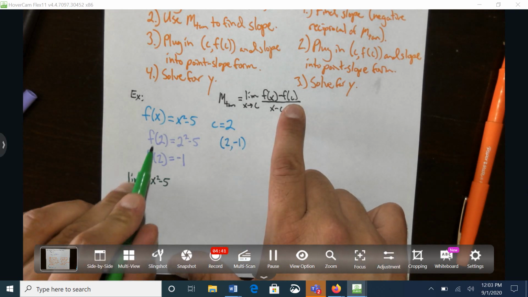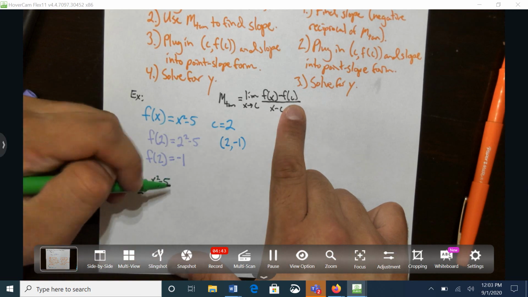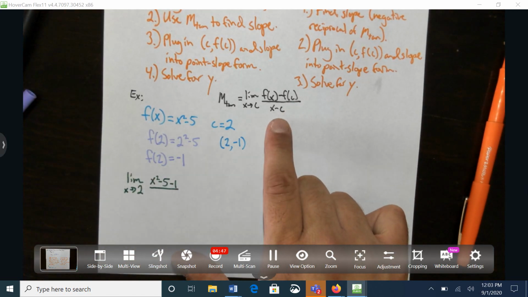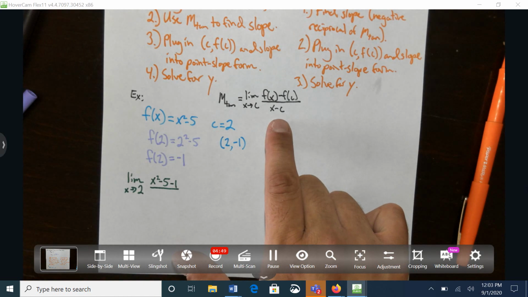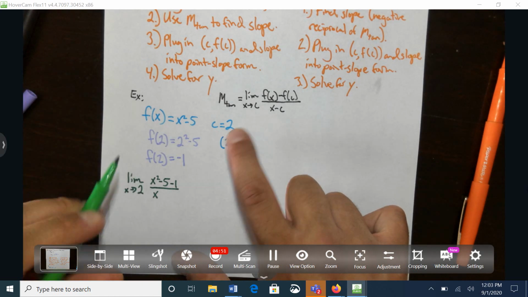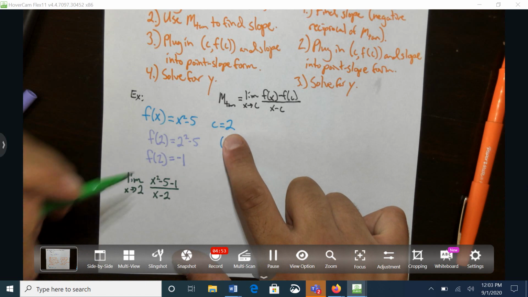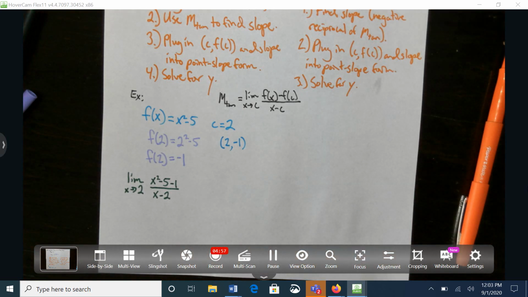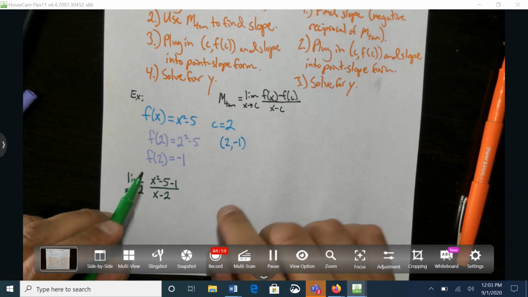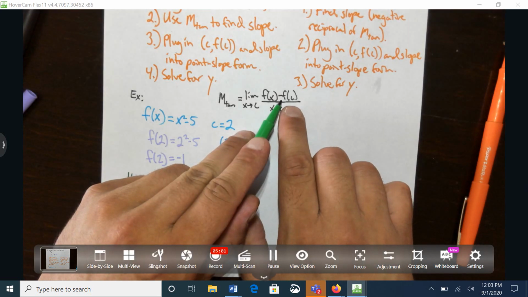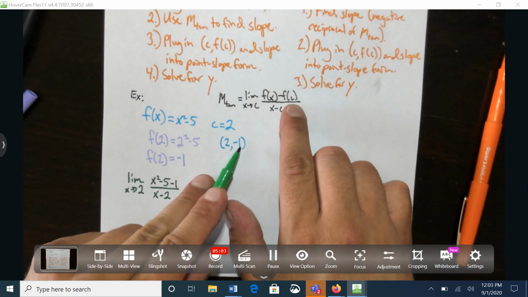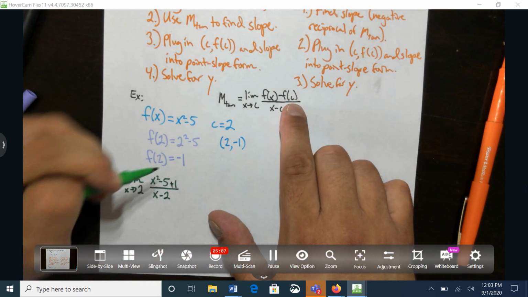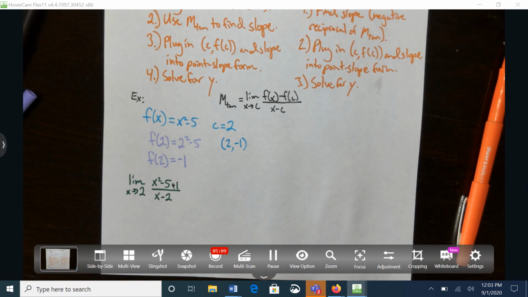Well, f of c is really f of 2, so that's negative 1, divided by x minus c. So x is just x, and then c is 2, so x minus 2. Ooh, I goofed here. What was my goof? It's minus f of c. Well, f of c is negative 1 already, so it's not going to be minus 1, it's going to be plus 1. It's going to be minus a minus.